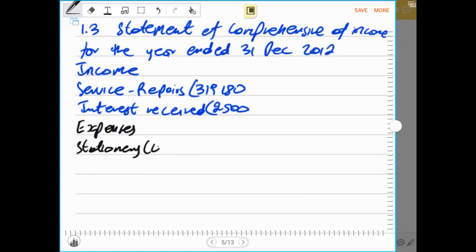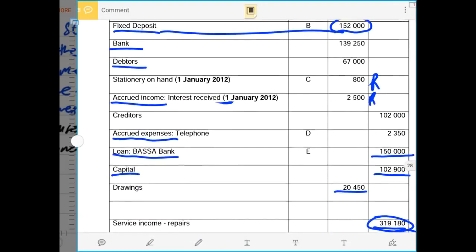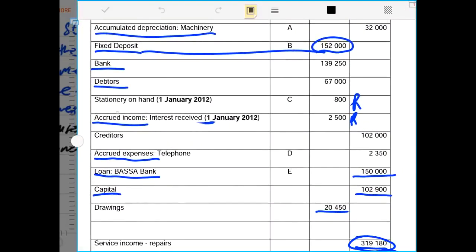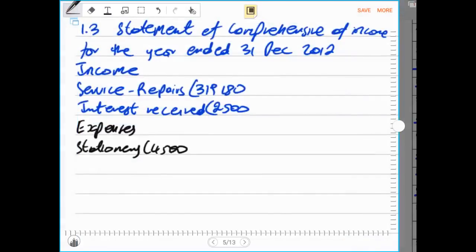In the trial balance, we had stationery of 4,500. Let us check the stationery that was an opening balance in the trial balance. There was stationery on hand, and that stationery amounted to 800 rands. Sorry, stationery is not 4,500, it is 800.